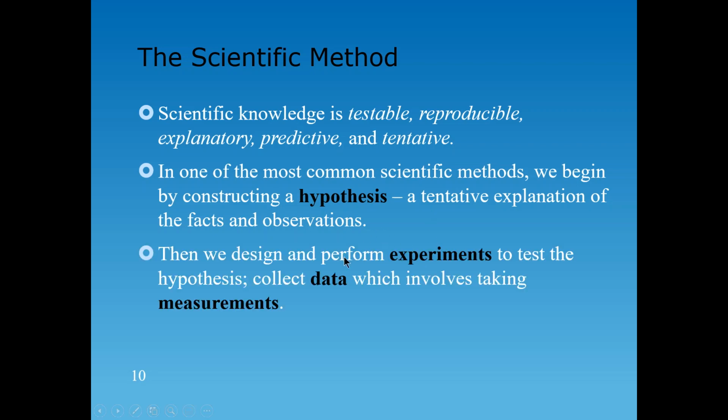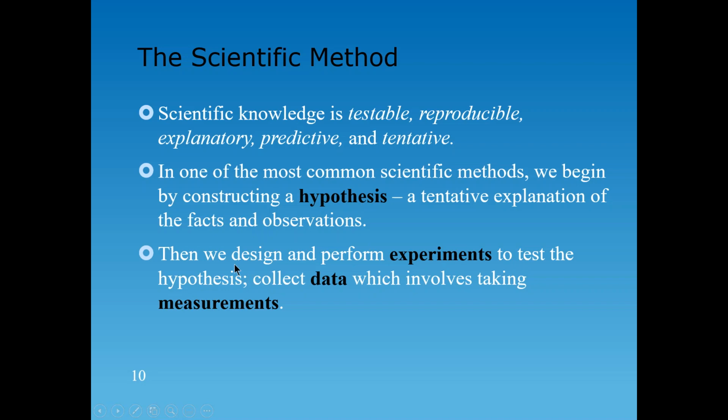all right? The next step in the scientific process is that we design and perform experiments. And this is particularly true in the natural sciences, chemistry, physics, biology, etc. Now, the experiments that are designed must be designed in such a way as to test the hypothesis. In other words, if the hypothesis is not true, then the test or the experiment will basically reveal that to be the case.